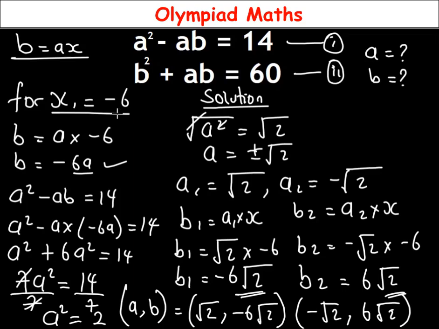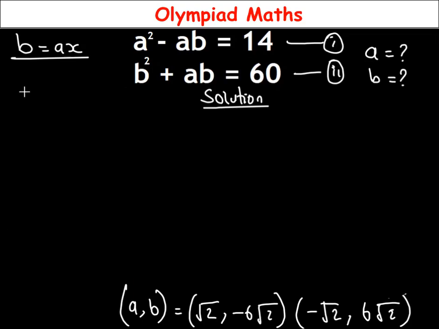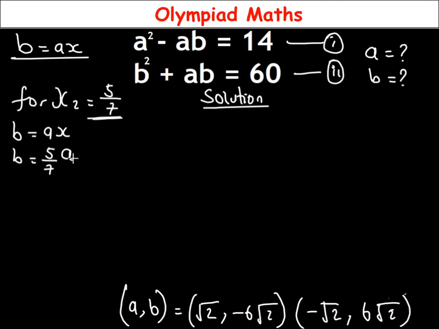Let us then solve for the values of a and b for the second value of x. For x2, which equals 5 over 7, let us solve for the values of b and a. Now recall that b is equal to ax, right? So b is then equal to a times x, which is 5 over 7, so 5 over 7 a. Okay, good.